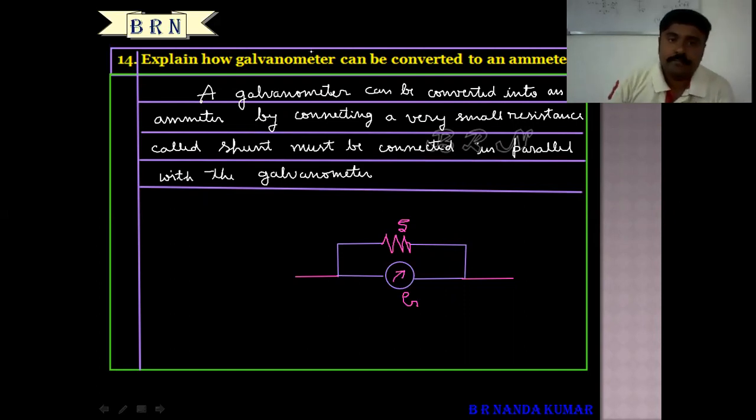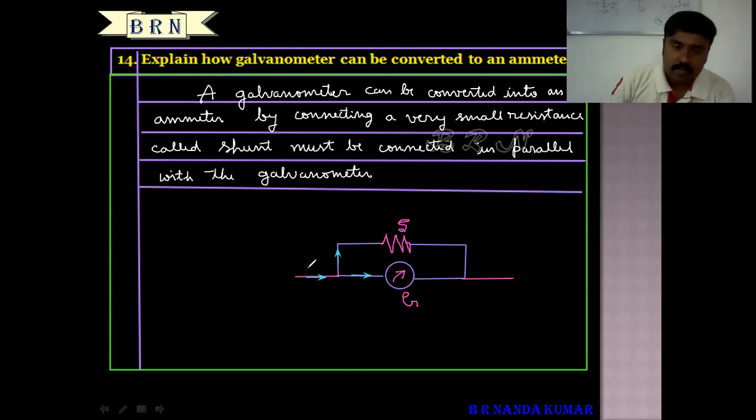So actually here, let us consider the main current, that is I. It is divided into two parts. One is IS, that is the current flowing through the shunt, and another one is IG, that is the current flowing through the galvanometer.